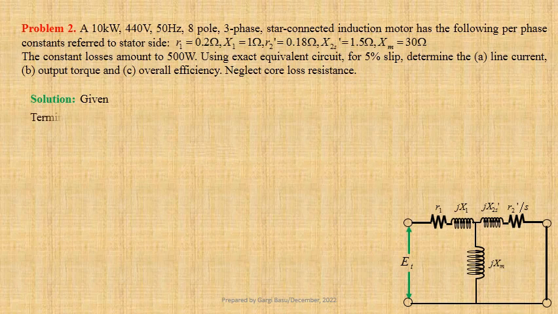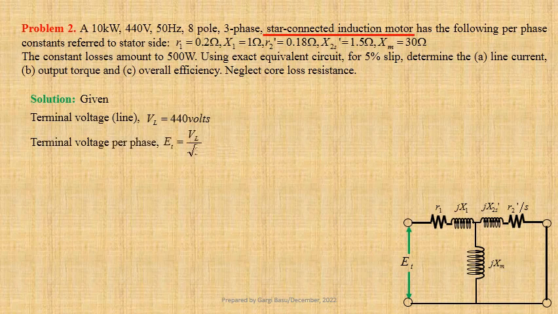Given line-to-line terminal voltage VL equals 440 volts. For star-connected induction motor, terminal voltage per phase ET equals VL by root 3, that is 440 divided by root 3, which gives us 254 volts.